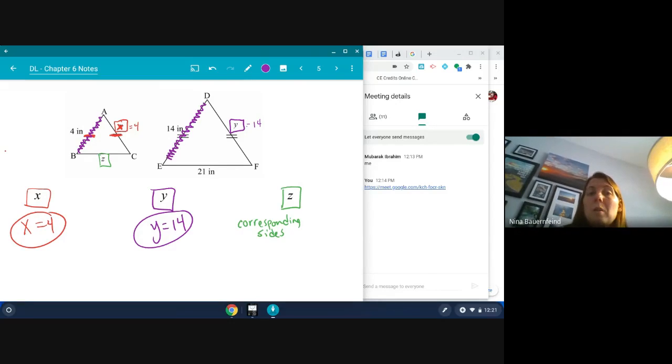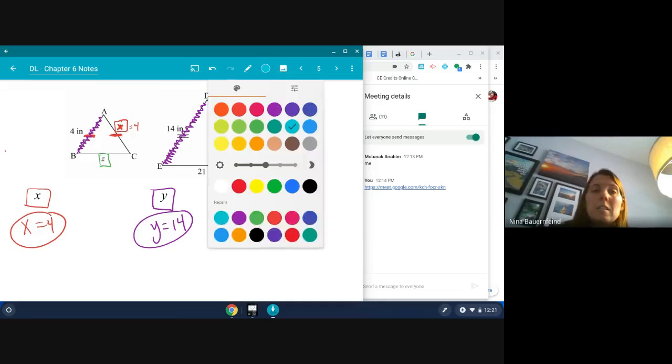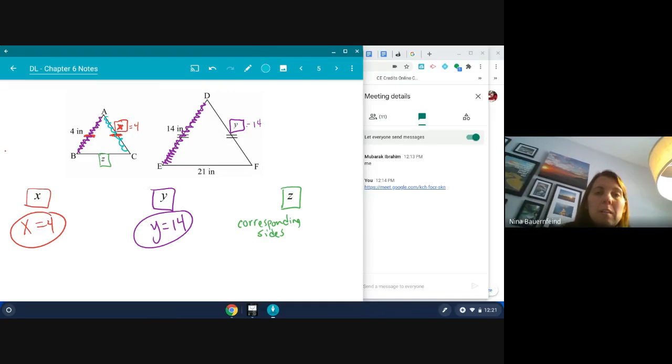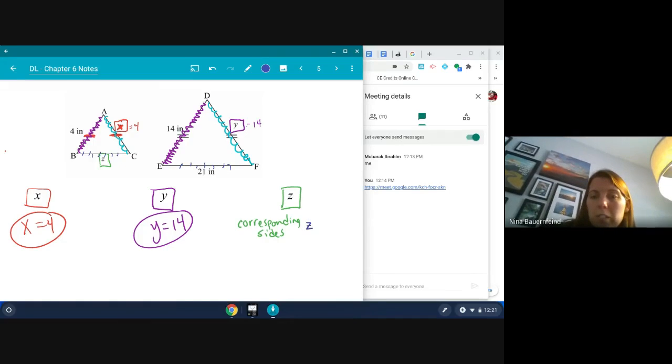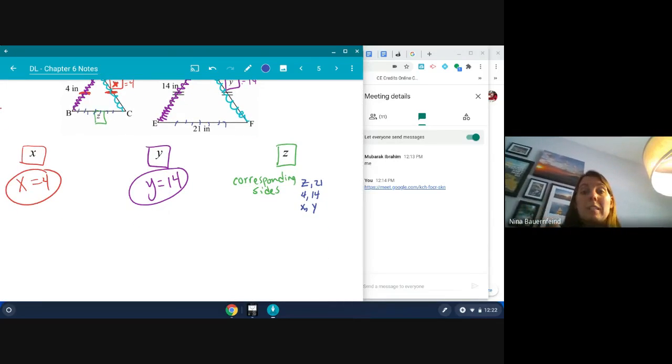Those are corresponding. This side matches up with this side, so those are corresponding. And that means that Z is corresponding to 21. So corresponding sides would be Z and 21, 4 and 14, X and Y. Just so you have examples of what corresponding sides are.